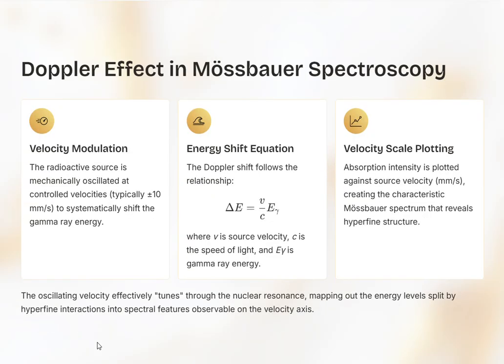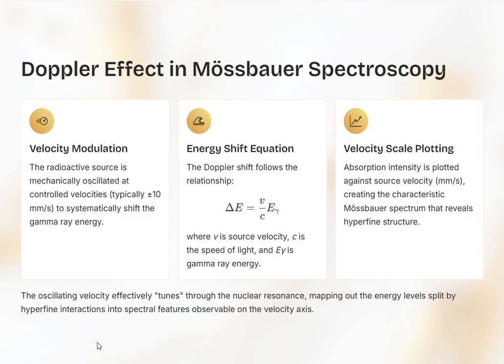Also, the Doppler effect is one of the significant effects in Mossbauer spectroscopy. Doppler effect is nothing but, as I said, a source. When the source is coming close, the frequency will be increasing. Consider a car, and you are standing at a fixed distance from the car. When the car approaches you, the frequency will be increasing.